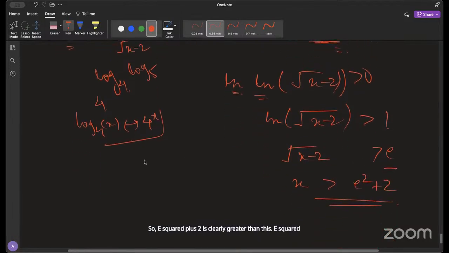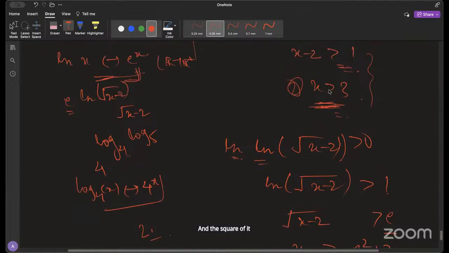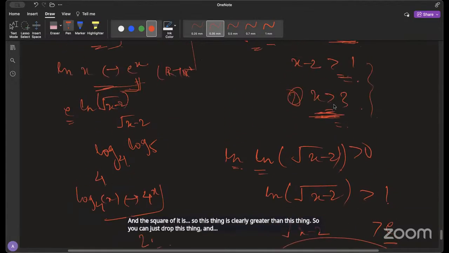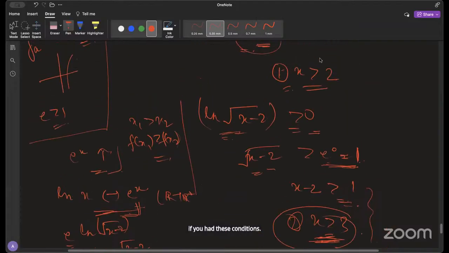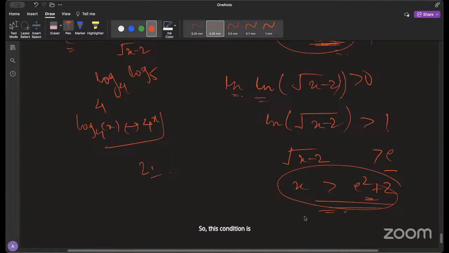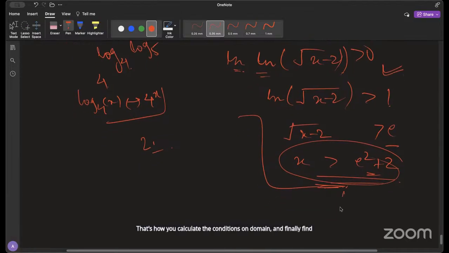E square is 2 point something, and the square of it is, so this thing is clearly greater than this thing. So you can just drop this thing and take, you had these conditions. This one, and this one. So this condition is enough, right? So this is the condition on domain. That's how you calculate the conditions on domain and finally find the domain. So it will be this thing.